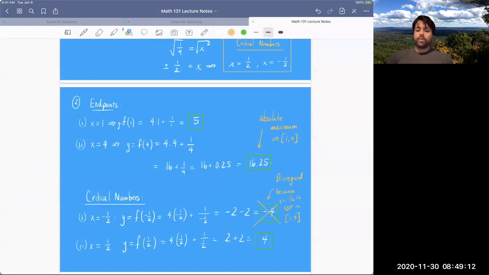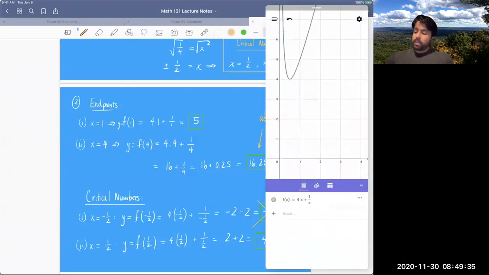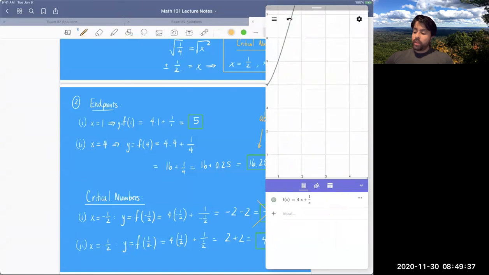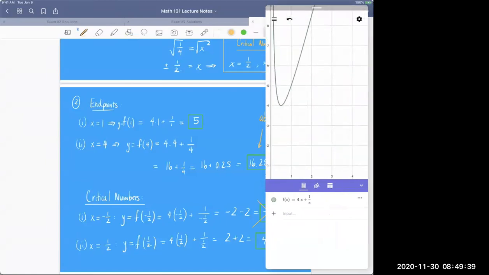So then what's the smallest? You see how this changes? This is the smallest now. So this is the absolute minimum. So always, just in case, guys, use your graphing calculator to give you the sketch of what the graph looks like. And so then now it makes more sense, right? Between 1 through 4, what's the smallest?